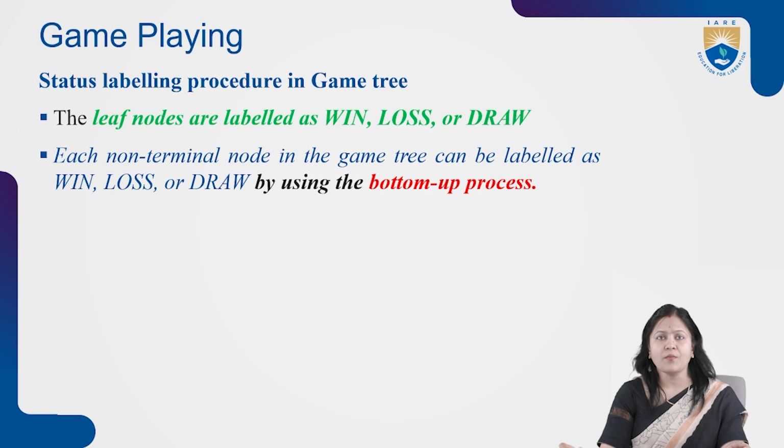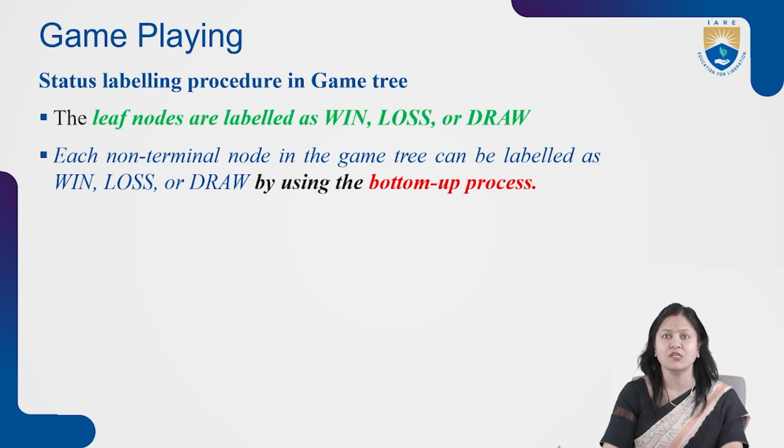Now, this is a very important concept I want to introduce. I want to discuss the meaning of the status labeling procedure in a game tree and how we can assign the status labeling in the game tree. Normally, there are three different types of status for the nodes in a tree.